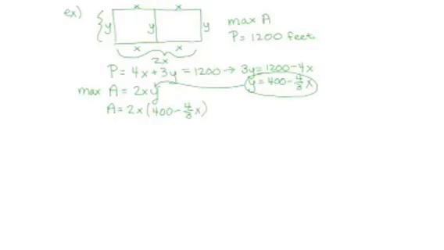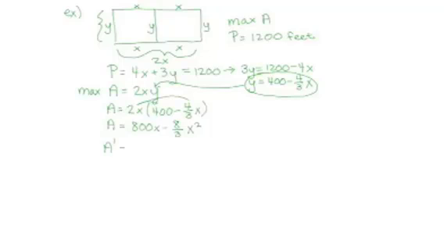Since ultimately we're going to take the derivative, let's distribute this 2x so we can work with it a little bit more simply. So A is going to be equal to 2x times 400 is 800x, minus 2x times 4/3 x, well, 2 times 4/3 would be 8/3, and x times x is x squared. So we need to find the critical points, which is where a maximum will occur if there is one.